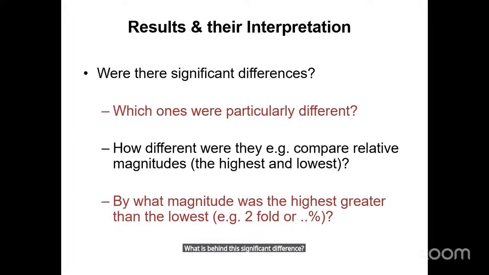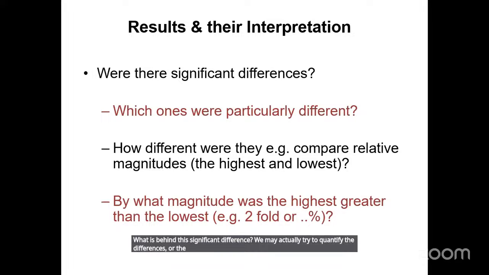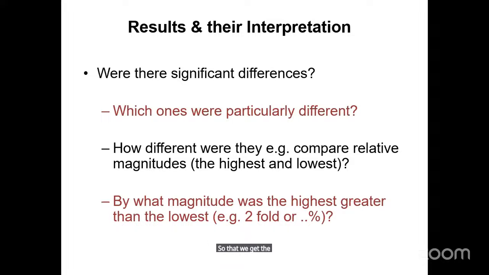We may actually try to quantify the differences of the different treatments on your components so that we get the number of folds, by how many times one is affecting what. Then we can draw trends.